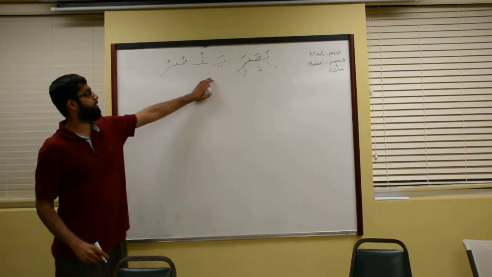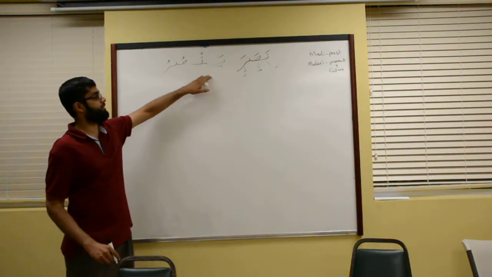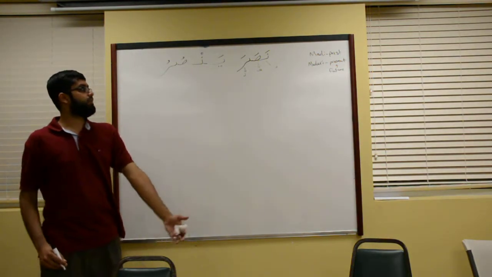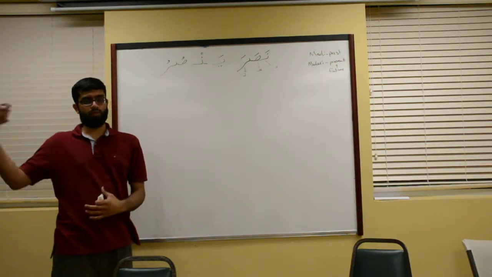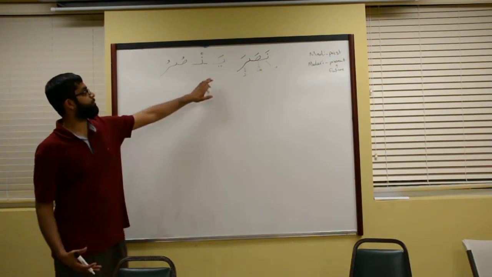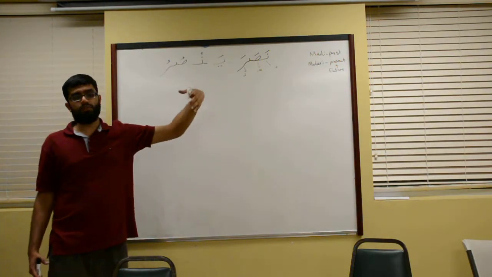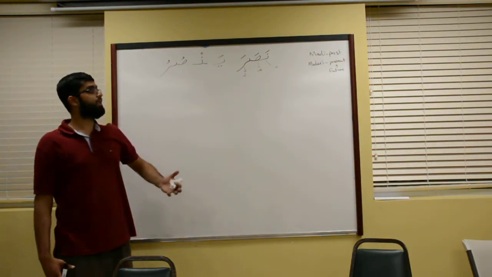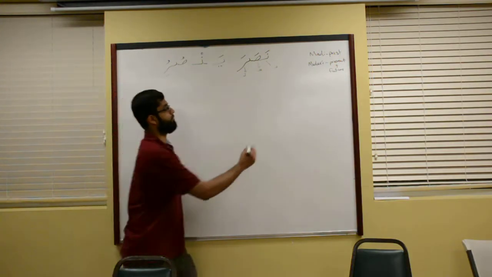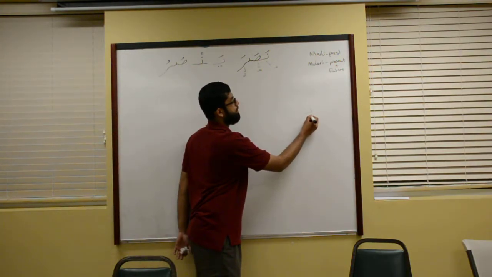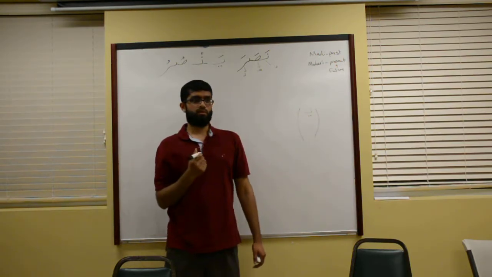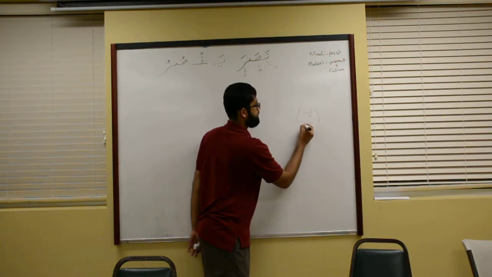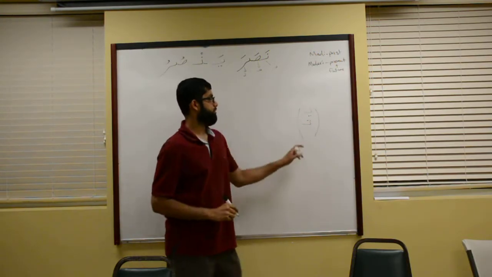For he helped, or if I'm trying to say he helps, like he is helping, or trying to make it future, he will help, I have to put what's called the sign of its being present tense. That sign will either be a ya, or a ta, there's four of them, an alif, and a noon.